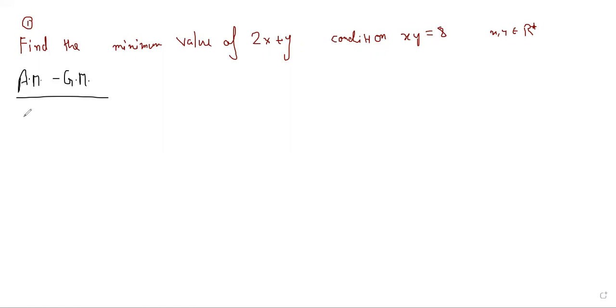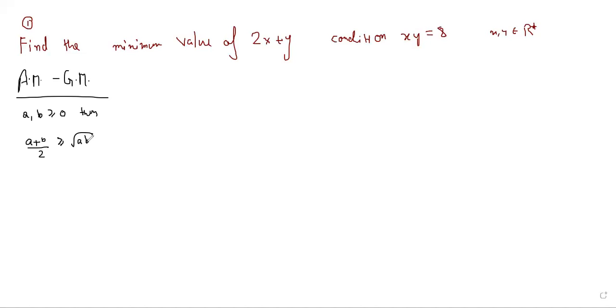So the AM-GM inequality says that if A, B is greater than or equal to 0, then (A plus B) by 2 is greater than or equal to the square root of AB.